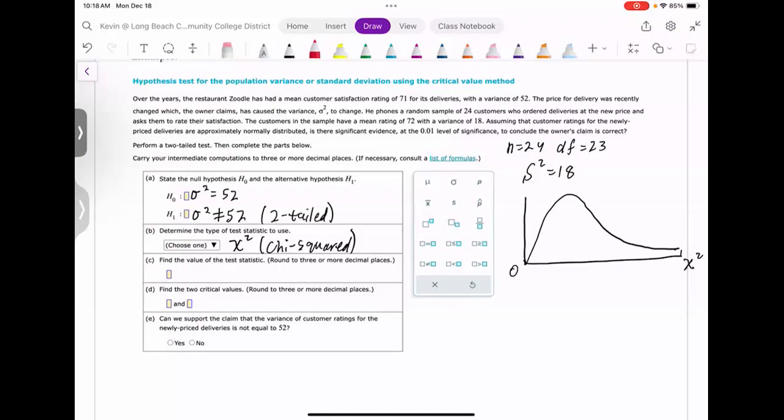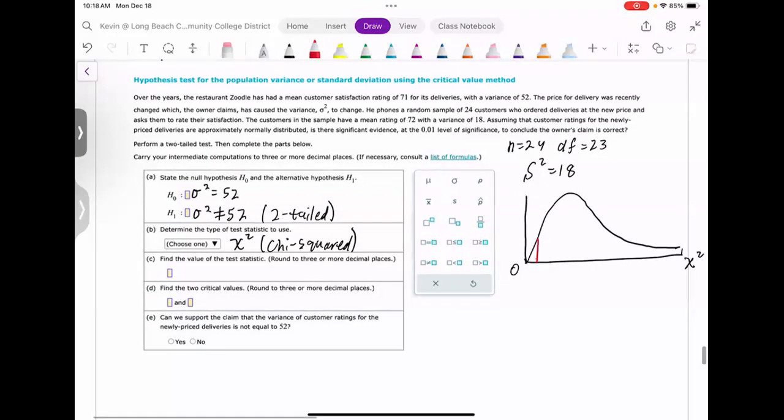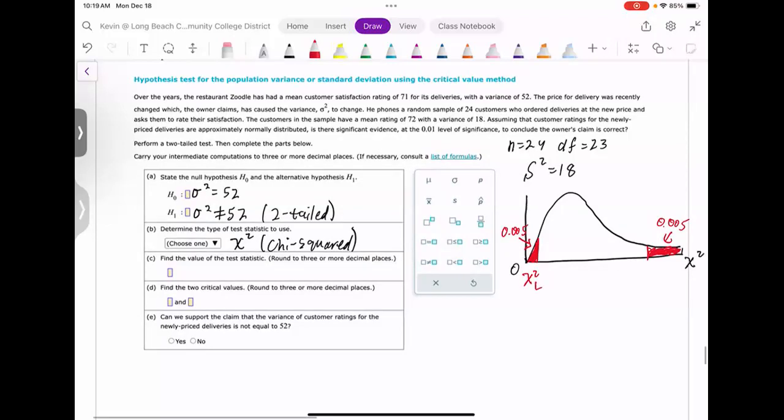And this is a two-tail. This value here is going to be half of our 1%, so this is 0.005, and this one here is half a percent. And we need to find chi-squared left and chi-squared right.